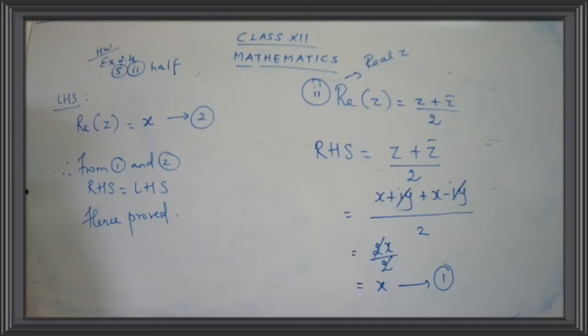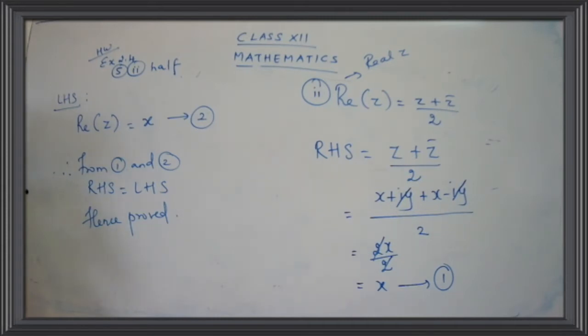So we have to find out the value for n. They have given you a complex number, root 3 plus i the whole raised to n, and you have to find the value for n in such a way that it should be a real number and also a purely imaginary number.